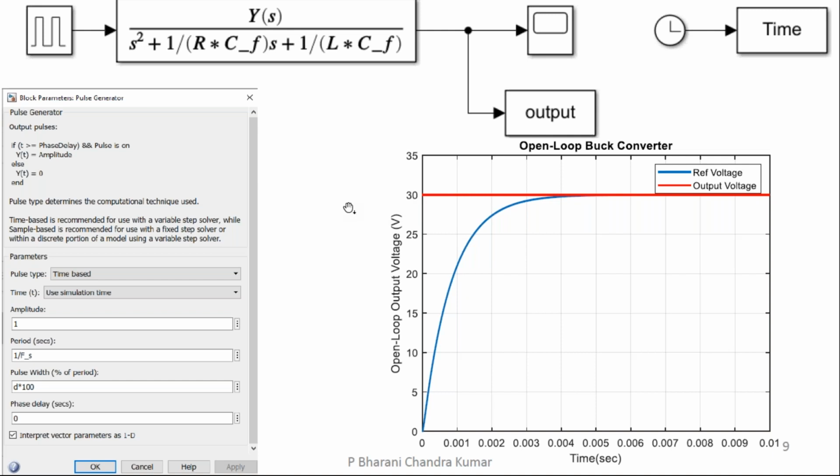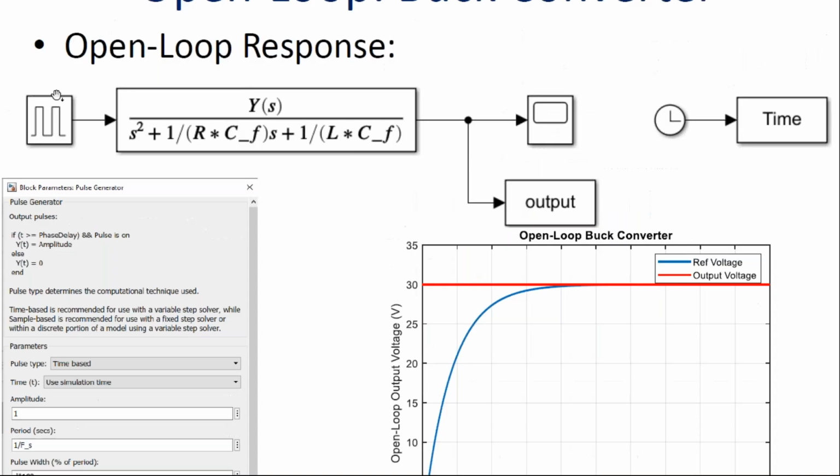The problem with this one, as I told, is that it is a static control or open loop control, because there is no feedback mechanism here. There could be several instances where we want different desired output values. For that, this open loop control will not work, because in this buck converter we have fixed C, L, and so on.